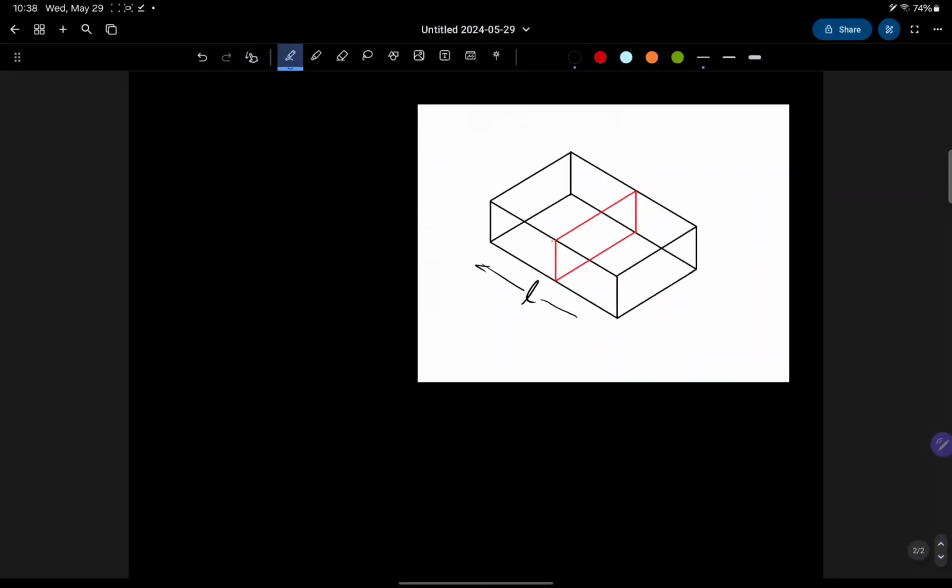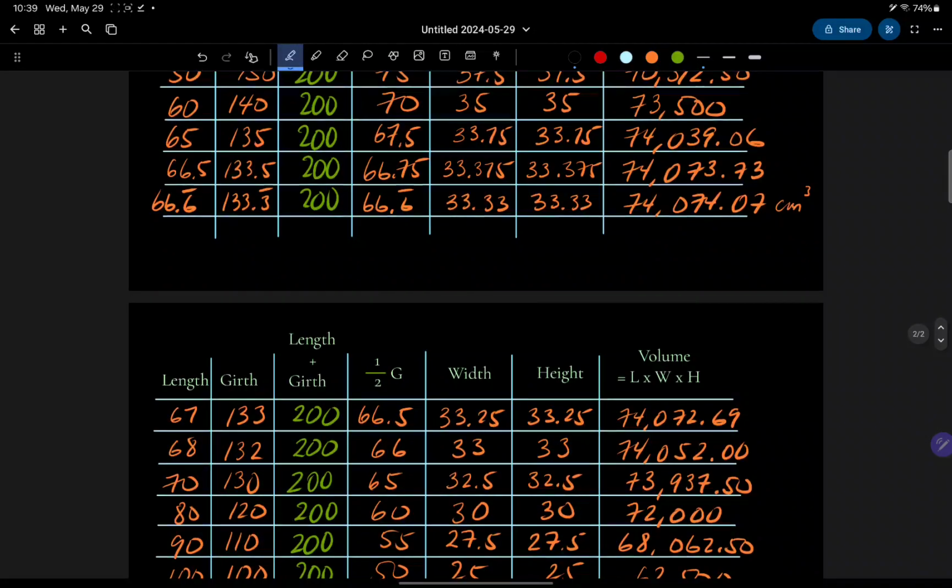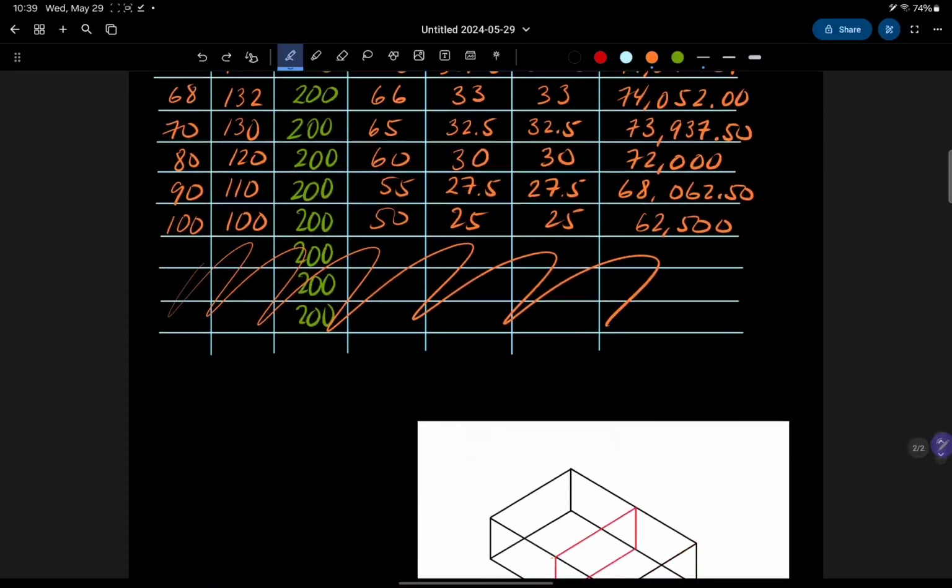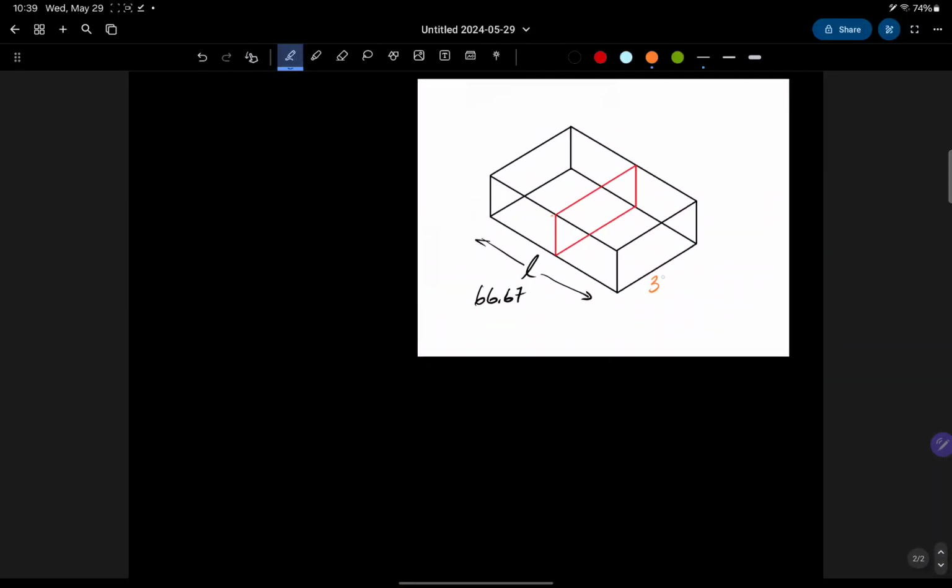So this length right here is 66.6, or let's just round it off to 66.67 and forget the line on top. So 66.67 for the length, and the height and the width are 33.33 each. If we notice here, they're 33.33 for the width and the height. So this is 33.33 and this is 33.33.